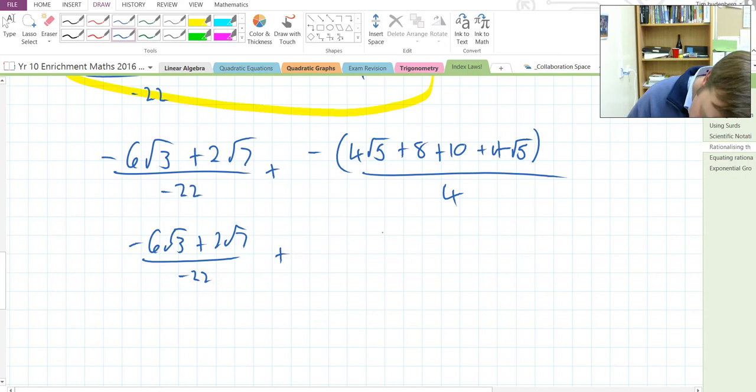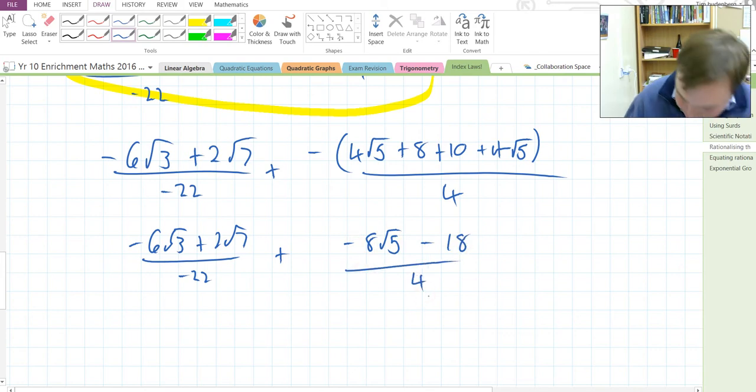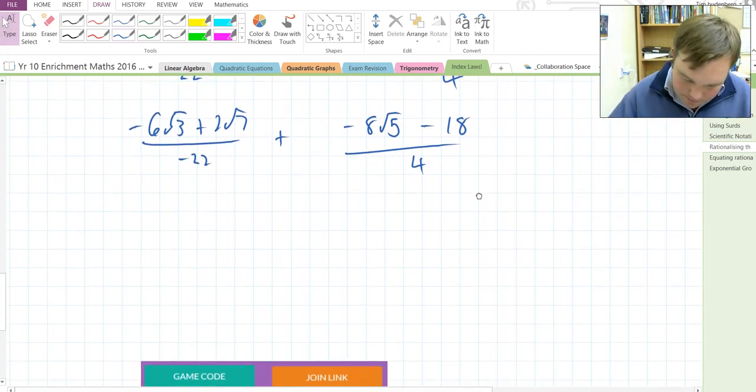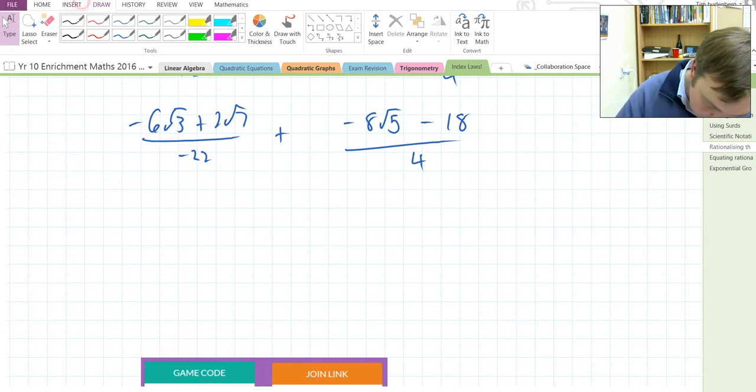Now, simplifying the top, we've got negative 8 root 5 minus 18 over 4. Not going to be pretty, but just a process now.